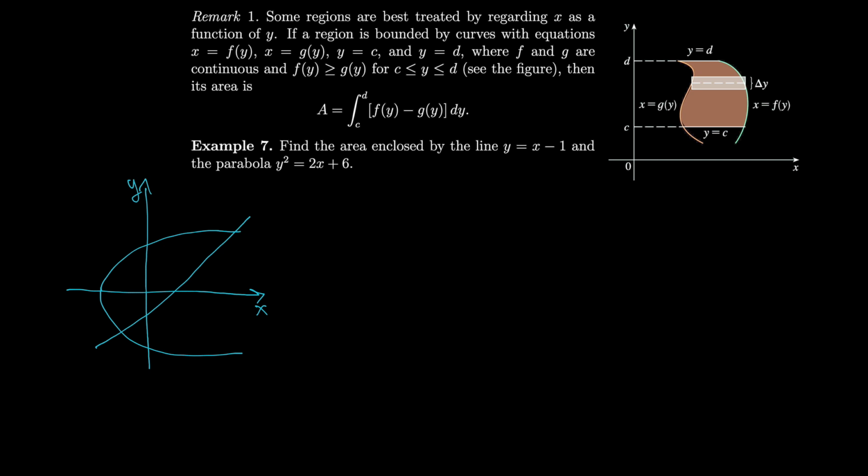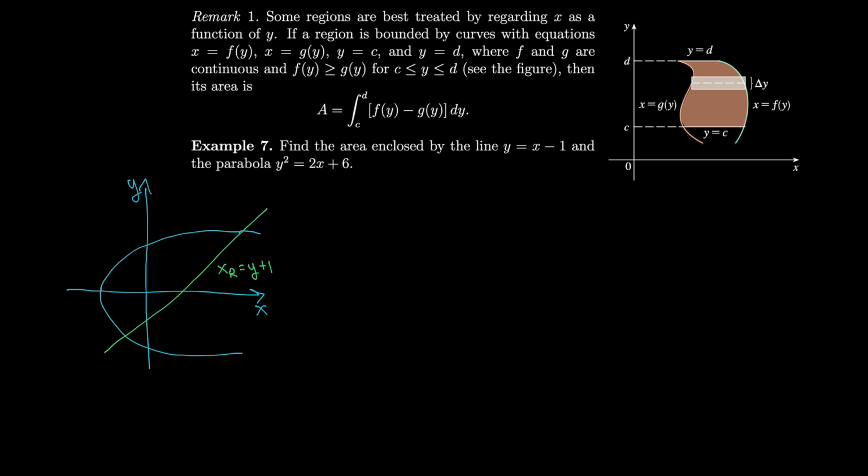Oh yeah, I forgot. Switch color. Let's make that green. Okay, good. So this line, which is our right function, I'll write it as xr, is equal to y plus 1. That's this one.